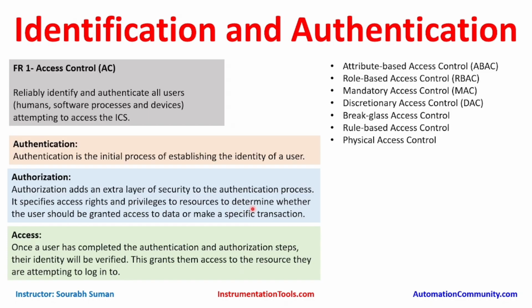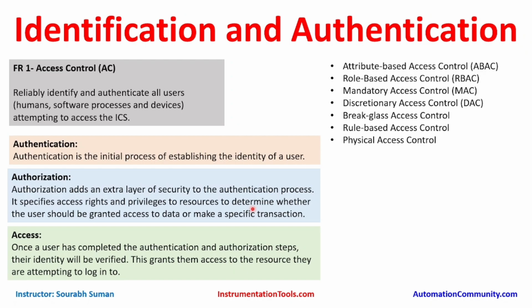So let's go to the first one, which is identification and authentication. As the name states, this has to do with the identification of a user against some system, and authentication of the user against the identification he or she provided.